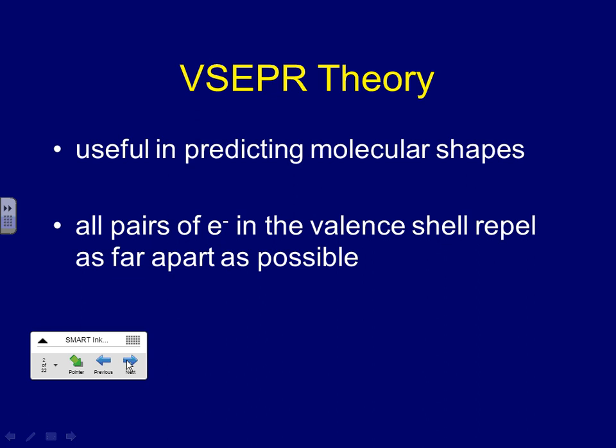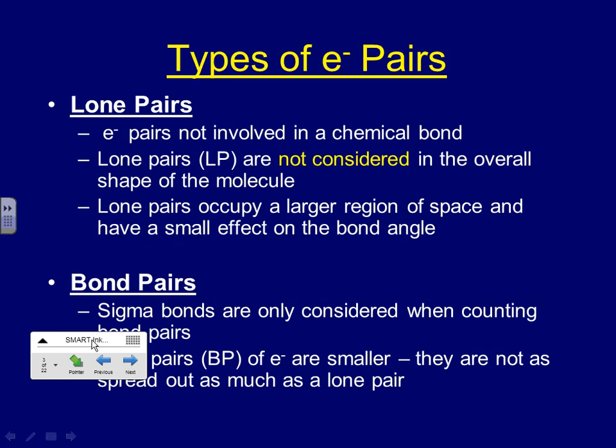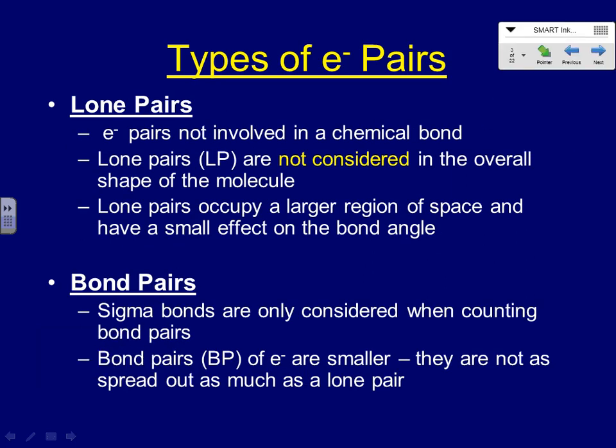But this theory, and I do want you to write this down even though I've been talking about this for a week, this idea of the VSEPR theory, like I said, you can determine the shape of a molecule just from the Lewis diagram and nothing else. And again, like I said, having no knowledge of any of this other stuff that I've been talking about.